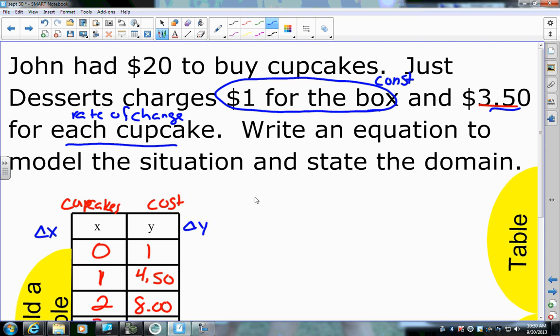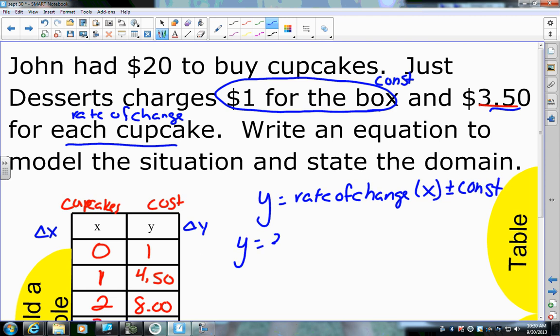So my equation becomes y equals my rate of change times the x plus or minus my constant. So now I have y equals 3.50x plus 1. Okay, so there's my equation.